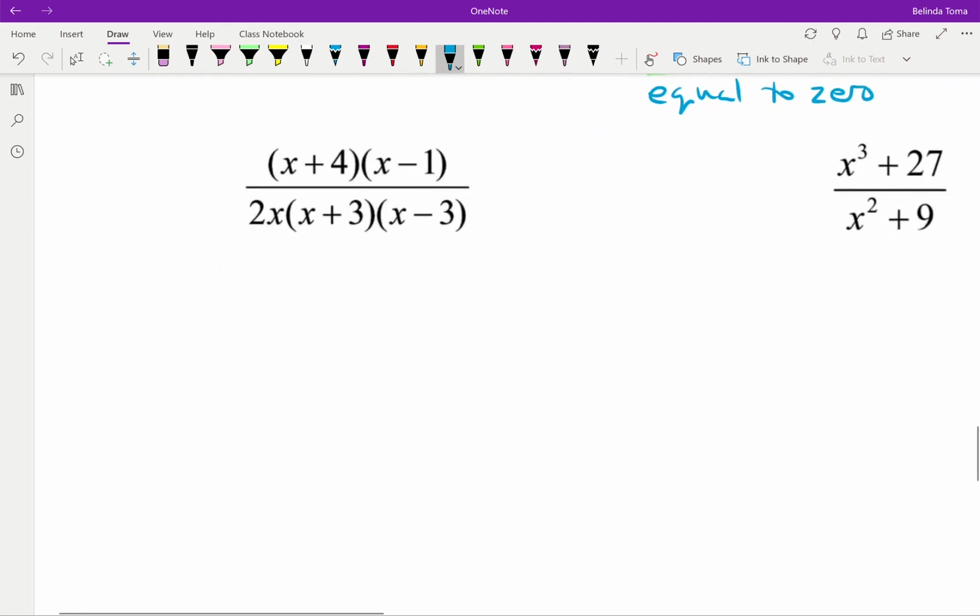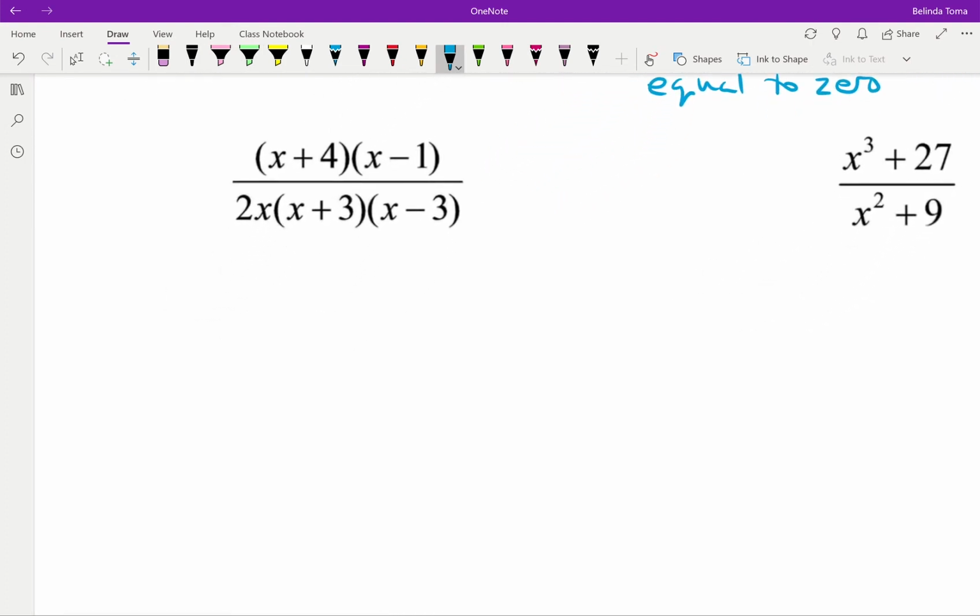So in our first example, we have something already in factored form so that we can introduce this concept. And we're going to start with the domain. In the domain, we're going to just look in the factored form and say 2x cannot equal 0, x plus 3 cannot equal 0, and x minus 3 cannot equal 0.